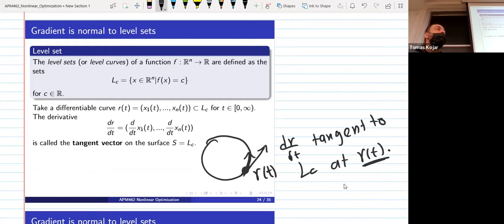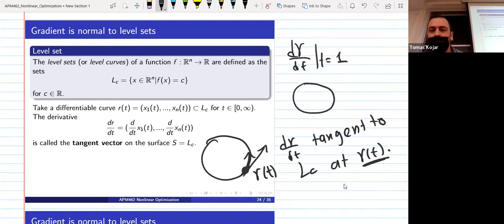Maybe I should use a different notation, like r of 1, or dr/dt at t equal 1, and you have your r of 1 over here. Let's say it's 0, okay? And then this vector over here will be the tangent.